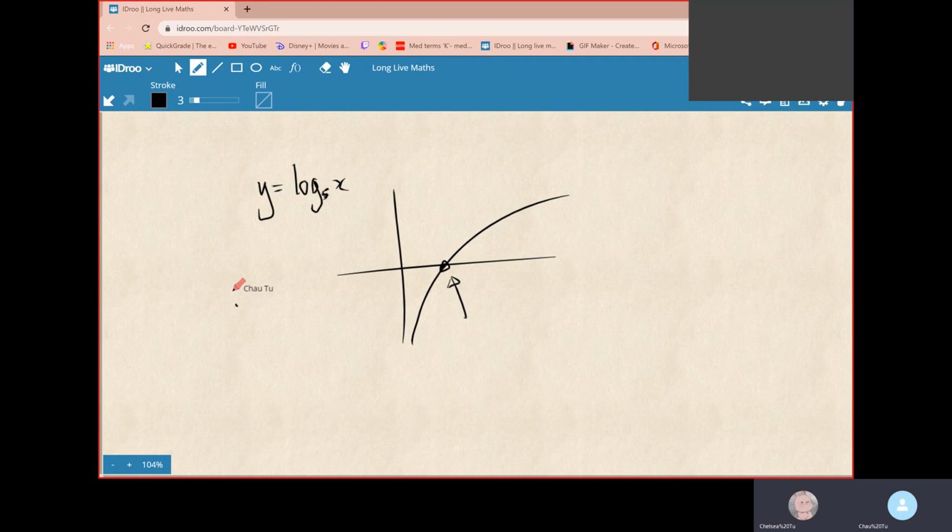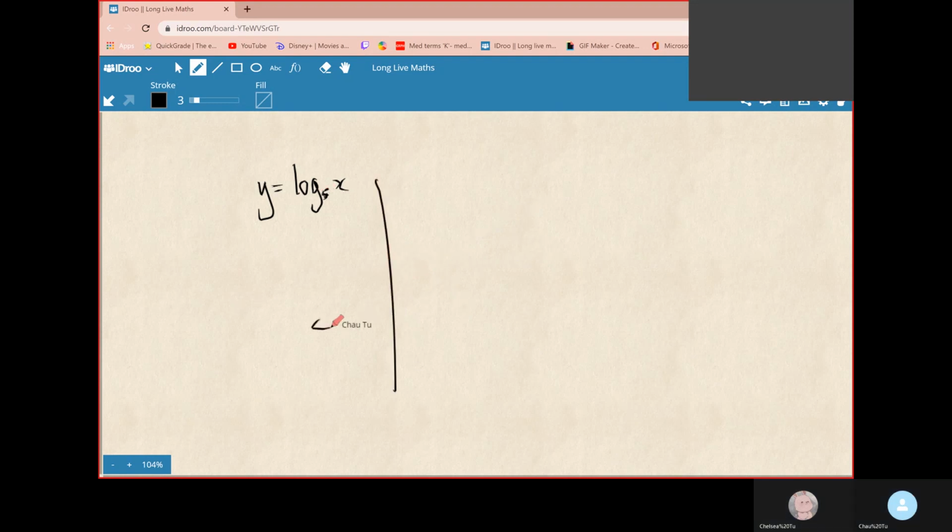Give up? I forgot what the opposite would be. y equals 5 to the power of x, or x to the power of 5? Okay, let me ask you a different question. Sketch that graph. What goes on in your mind when you sketch that?